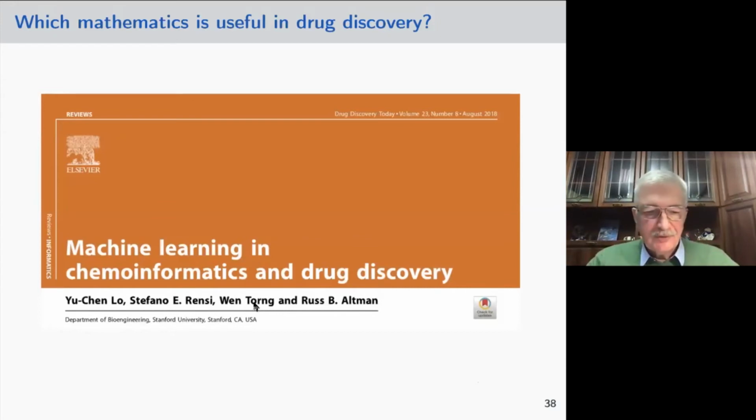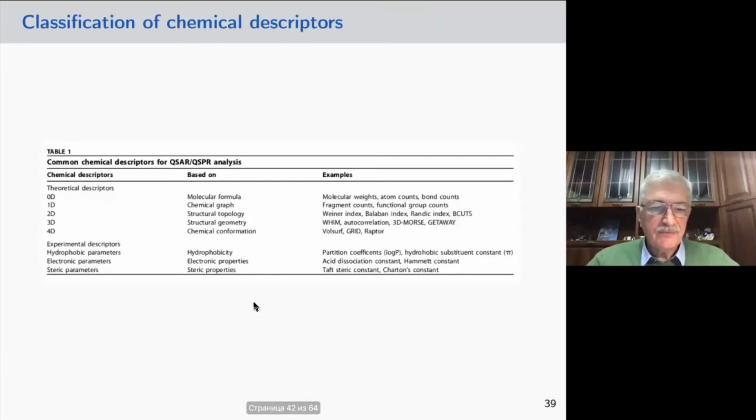I just refer to a recent paper about drug design. In this paper, there is a classification of chemical descriptors used for the design of drugs, classified into different classes corresponding to methods and approaches.